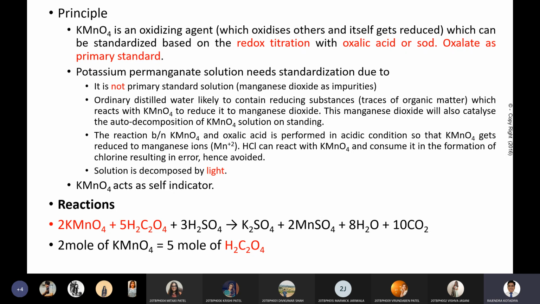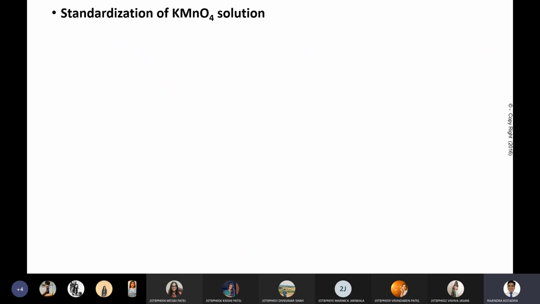But while you are performing the practical pertaining to standardization of KMnO4 solution, we can find out the normality of the KMnO4 solution by using a simple equation, that is N1V1 is equal to N2V2. We can use this simple formula, just like last time we used M1V1 is equal to M2V2.